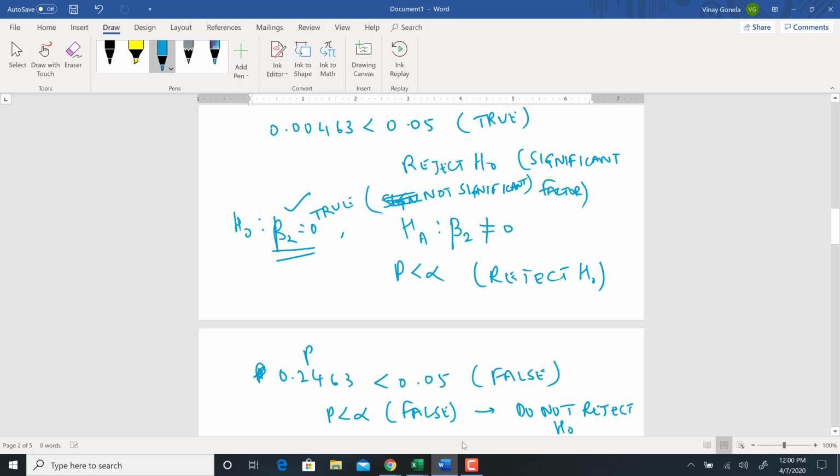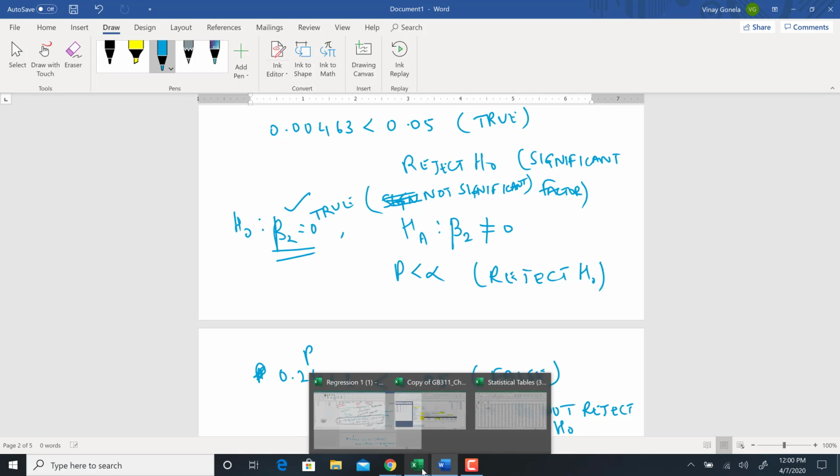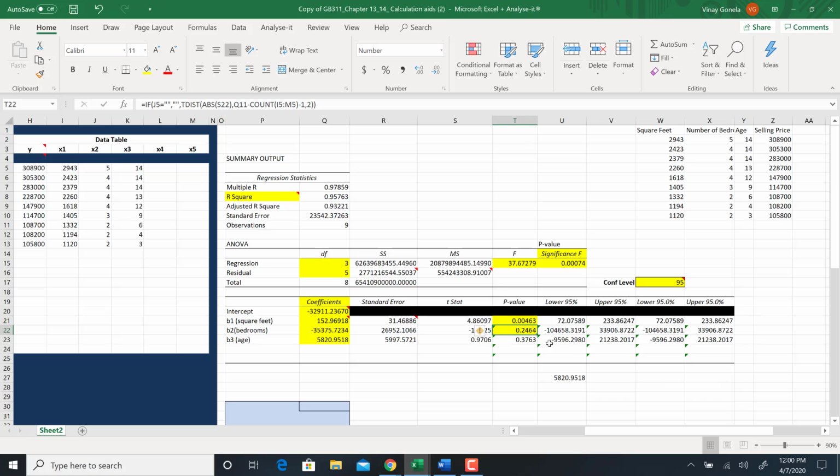Again, the other way you can look at this is the lower interval and the upper interval. The lower interval is negative 104658.31 and the upper interval is 33906.87. So 0 lies within this confidence interval. So we can say that beta 2 is almost equivalent to 0.